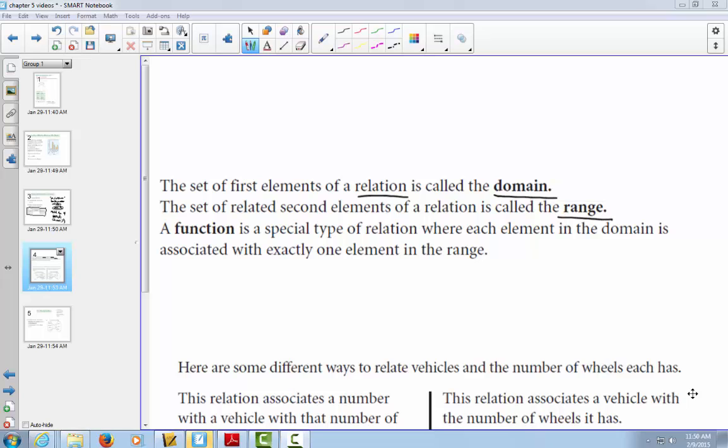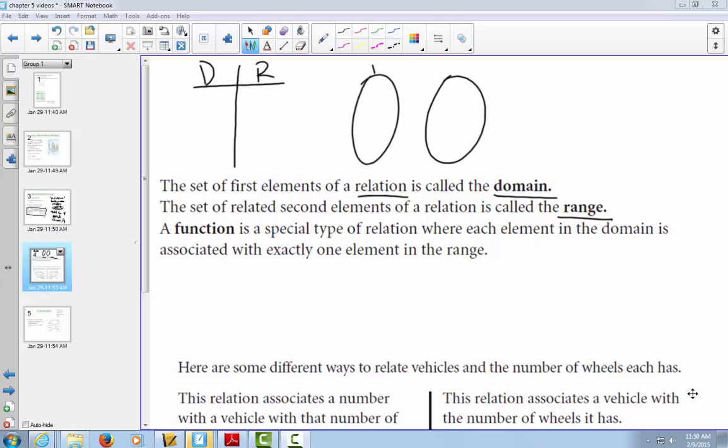Now, it doesn't matter how we have it set up. If we have a table of values, our domain is going to be on the left, our range is going to be on the right. Our arrow diagram, domain, range, always set up that way. Okay? We also have our ordered pairs, domain, range.